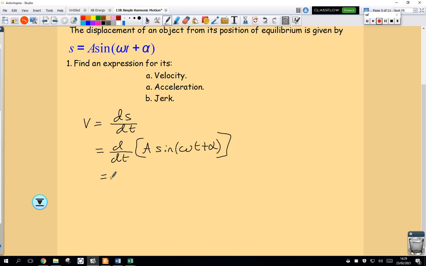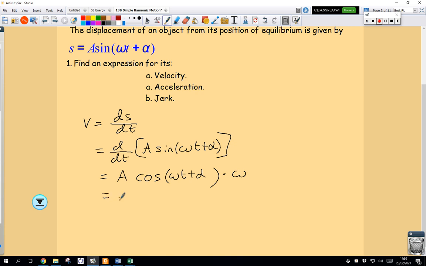Okay, so I can factor out this constant a and just take the derivative of the sine function. The derivative of sine is cosine. So it's cosine of blob times the derivative of blob, the inside function. So it's going to be cosine of omega t plus alpha, times the derivative of omega t plus alpha, which will be just omega. Alpha is a constant, remember, that's going to disappear.